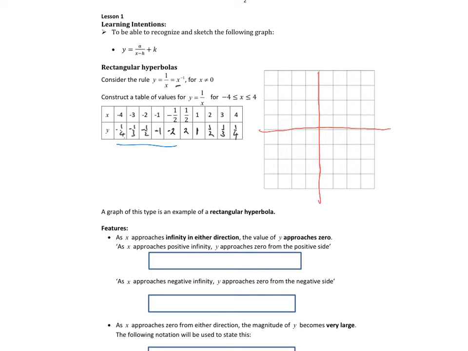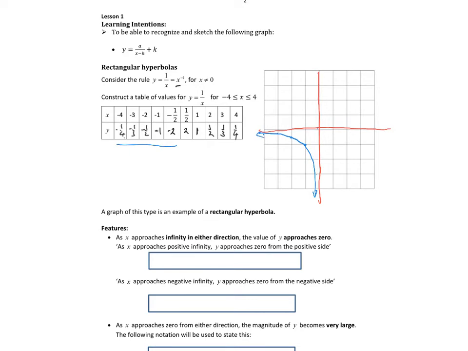Our points, well, we start at the point -1, -1, then -2, a half, -3, a third, -4, a quarter, and we get closer and closer to that axis, don't we? If I was to pick minus a half, I'd be down here at 2, minus a third down here at 3, minus a quarter down here at 4, and this side of the graph would go like that.